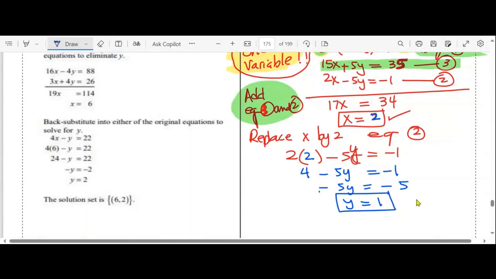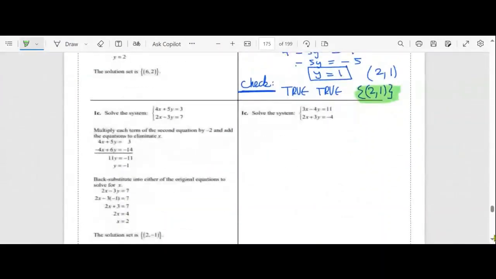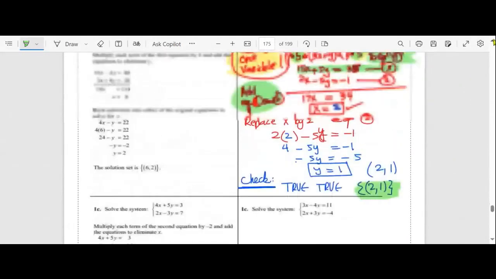So your solution is 2 and 1. Then you have to check the answer. If it's true and true, then your solution set is 2 and 1. Is this clear? Any questions? Yes, go ahead.